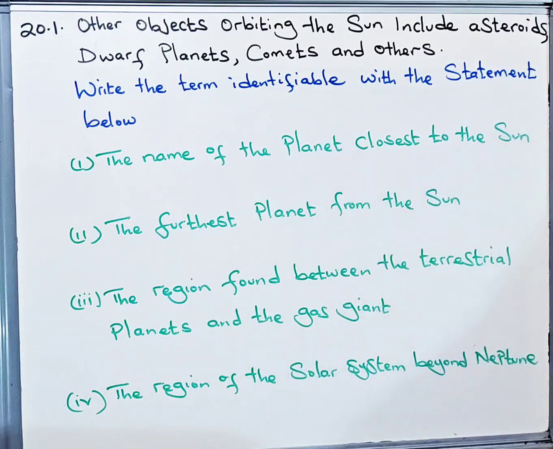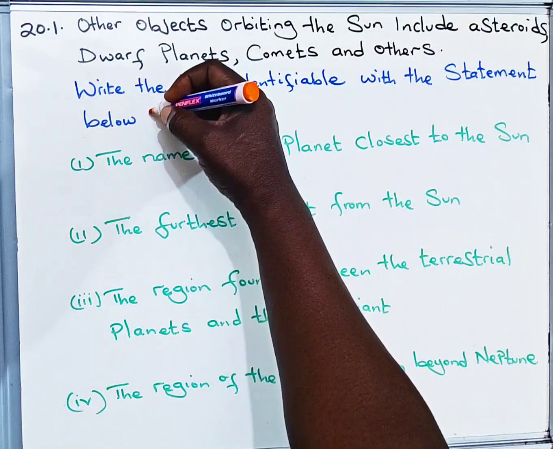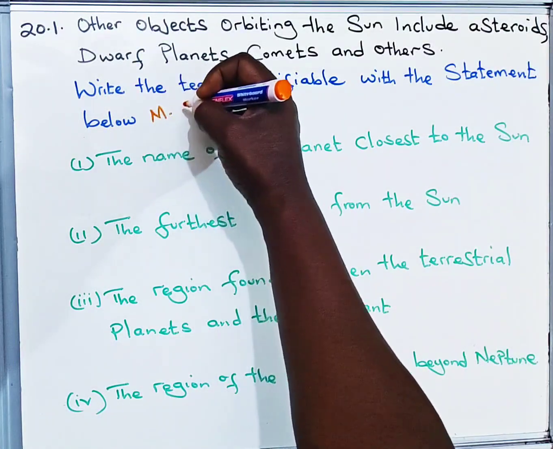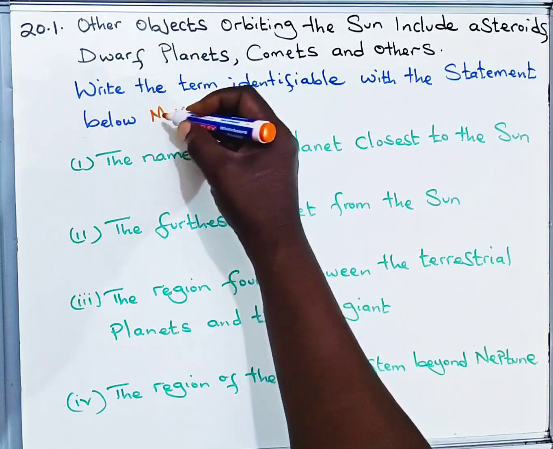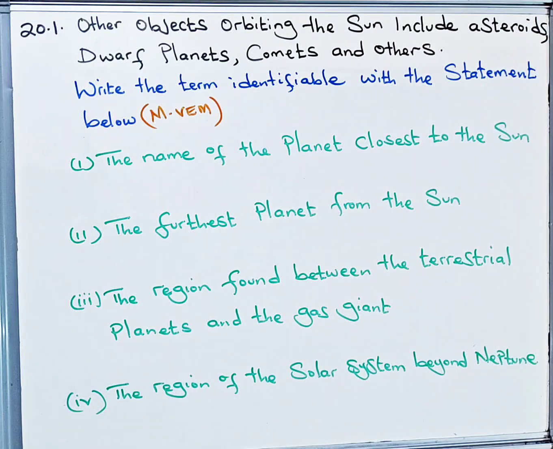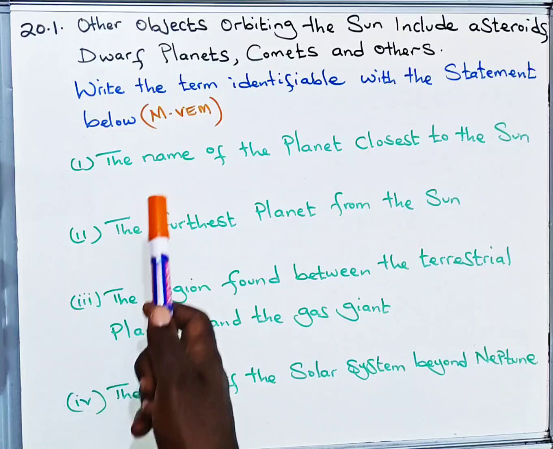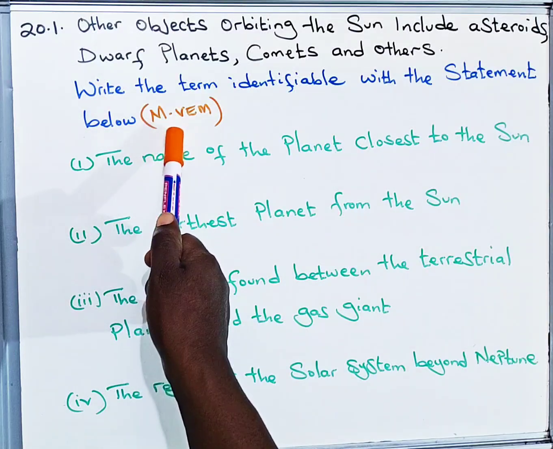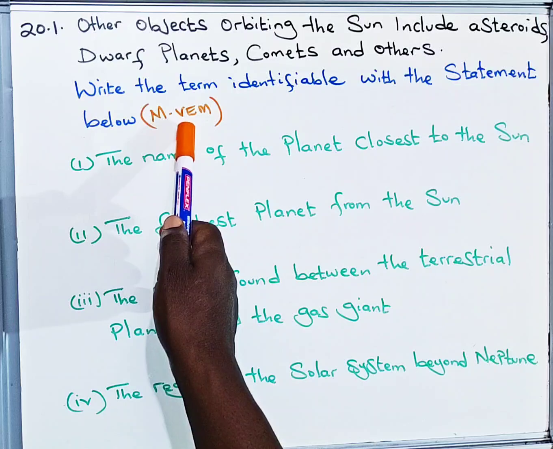If I can take you back here, for the terrestrial planets we used the mnemonic M, V, E, M. That's the order in which they appear as you move away from the sun, where M is Mercury and V is Venus.